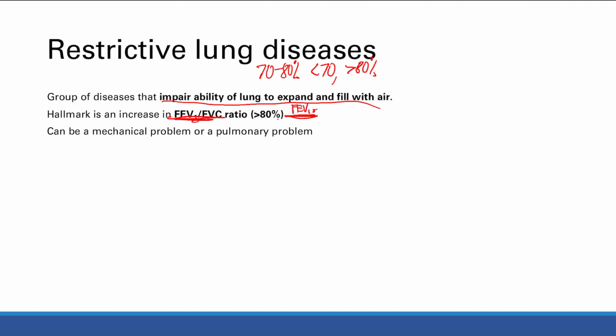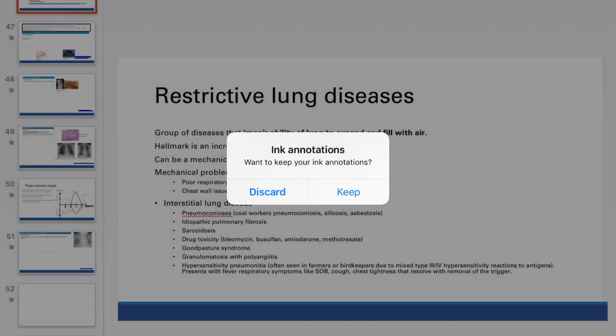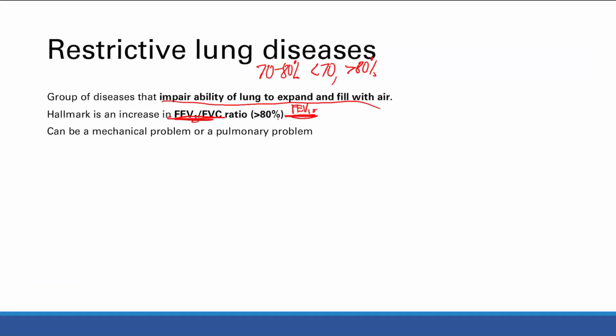It's pretty much a measure of how much air is in the lungs, okay? And we just said our problem was the lungs can't expand and fill with air, so even if there's nothing blocking air from coming out, you can't even fill it that much. So FVC goes down a lot, okay? And that's why, because the bottom goes down more, you get a greater than 80% FEV1 to FVC ratio.